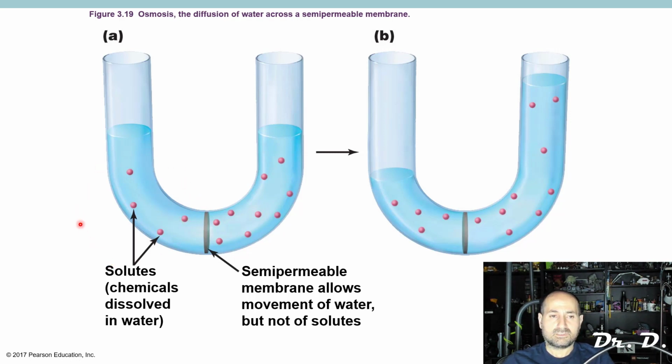Look here. On the left side of this U-shaped tube, is the water concentration higher, or is it on the right side of this U-shaped tube? What do you think? What would you say? Where's the water concentration higher? Here on the left or here on the right? Think about it. Okay, you ready for the answer?